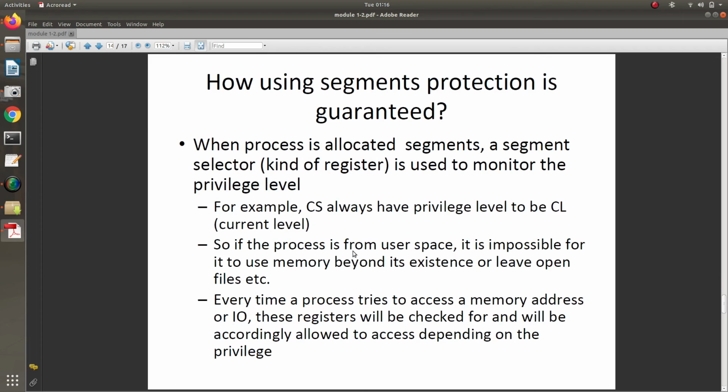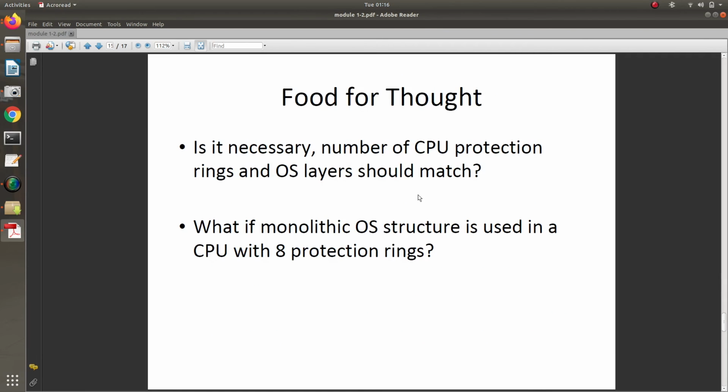Now, moving on, I have a couple of questions for you. The first question is: is it necessary that the number of CPU protection rings and the number of OS layers be the same?